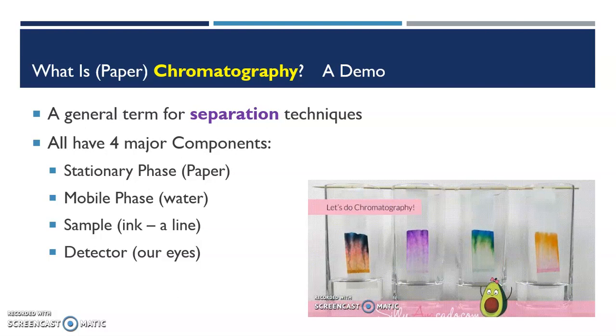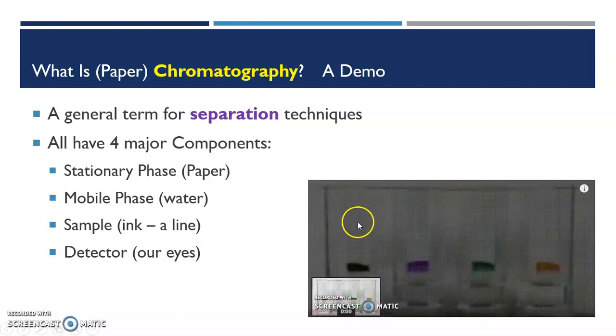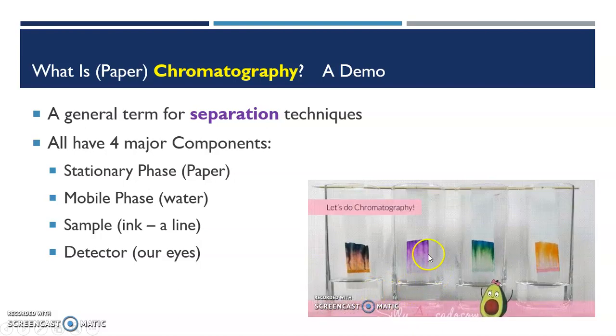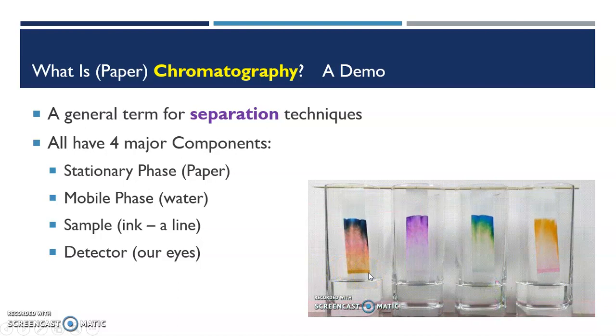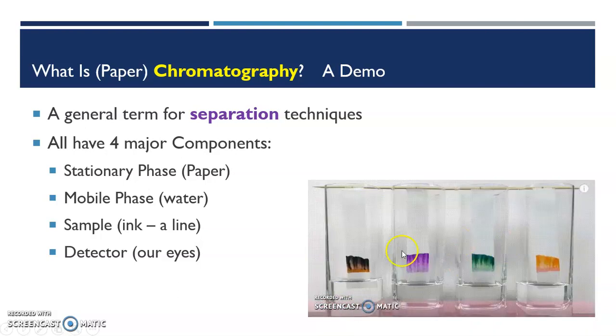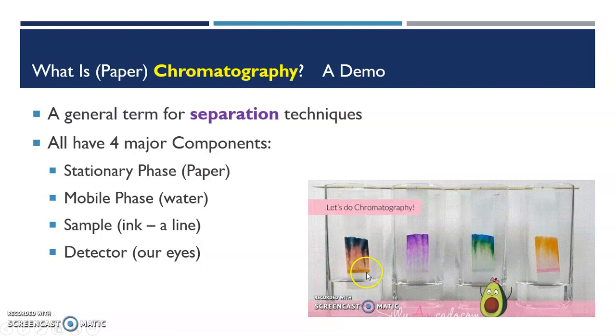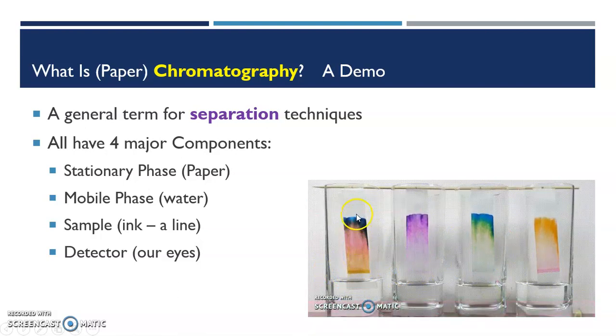So in this case, we all have played something like this before. We dip a filter paper into water, and then we draw a line using whatever watercolor markers. And then we notice that actually different markers, for example, black markers, consist of different kinds of color.